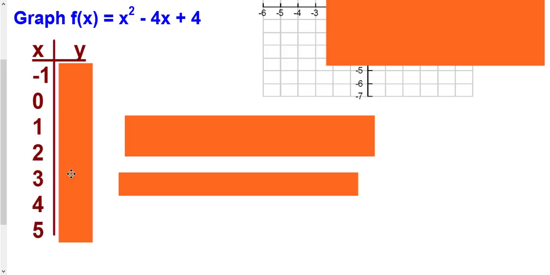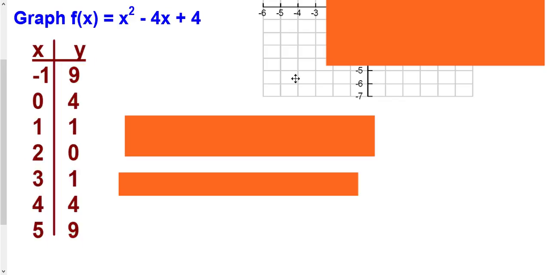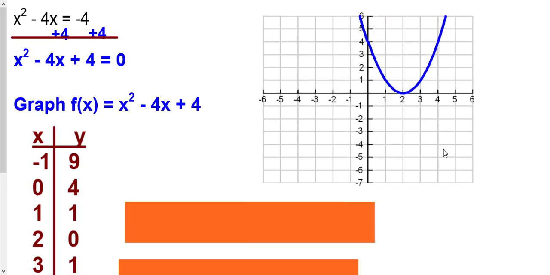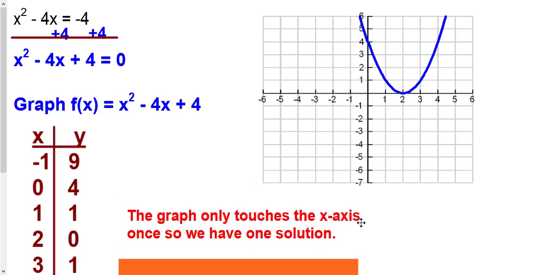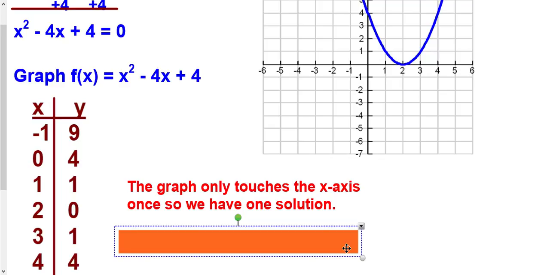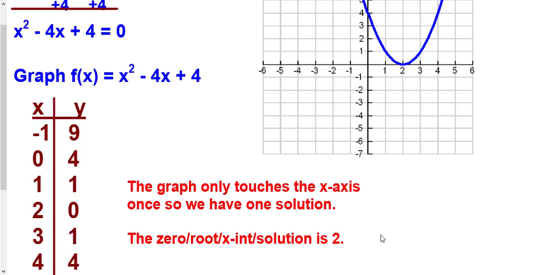Use your graphing calculator to get your t-chart. Plot your points. And when you do that, you see that we don't technically cross from one side of the axis to the other side, but we do touch it at one point. In this case, we touched it at one point, so we have only one solution, and our solution is 2, because that's where we touch at one point.